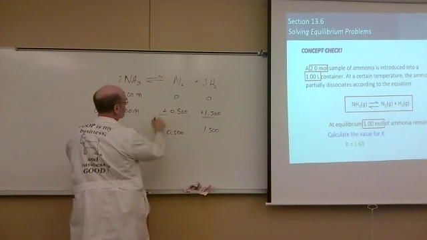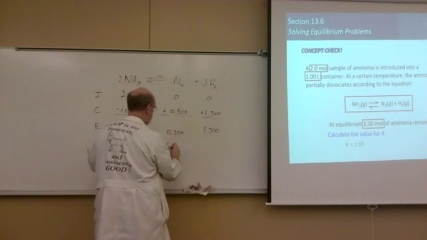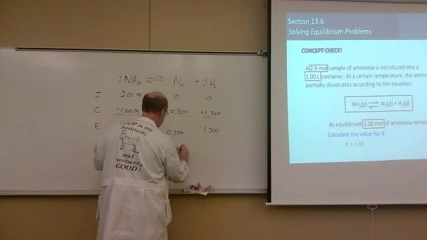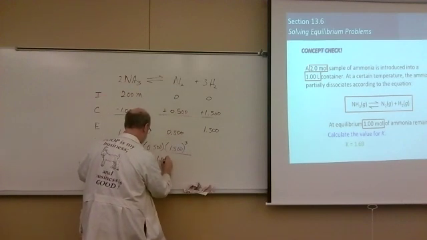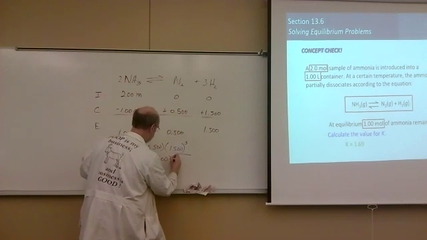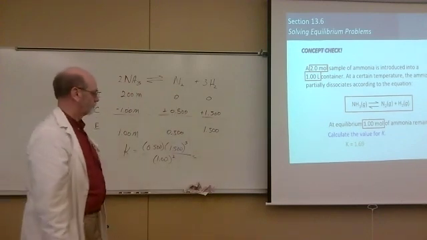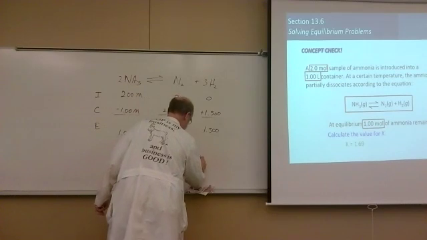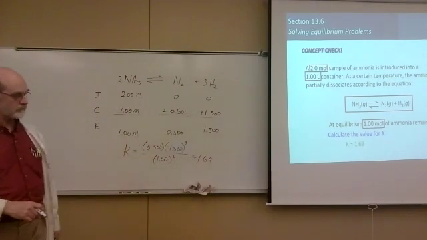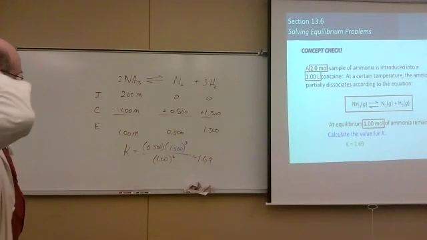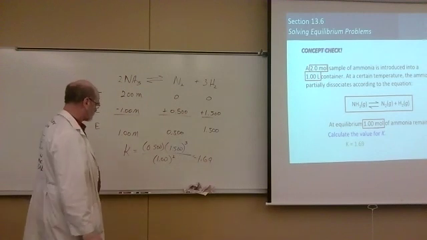So we have nitrogen to the first power, hydrogen to the third power, and ammonia to the second power. And that should be 1.69. So it's products divided by reactant.